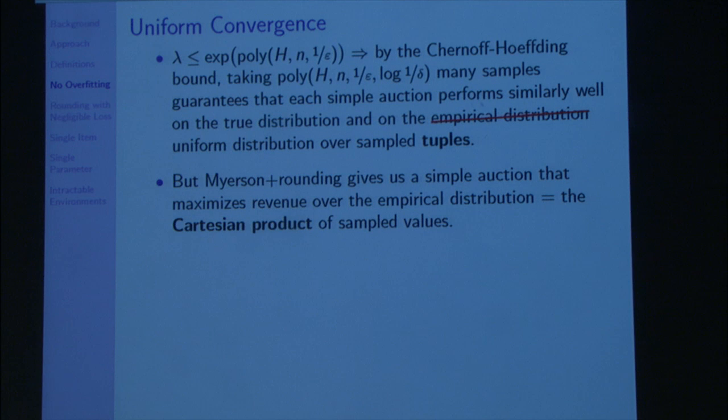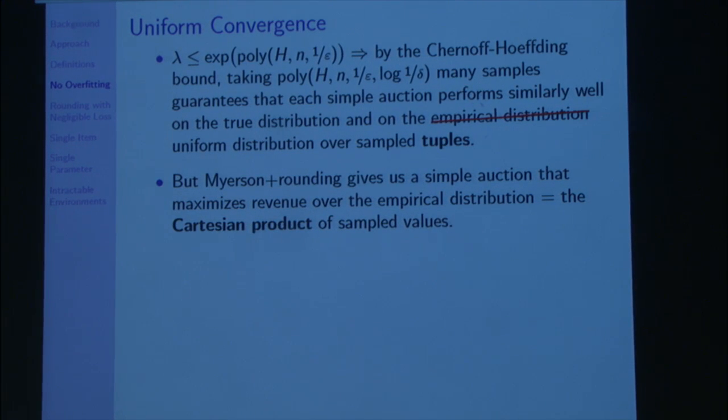Maximizing over the tuples, which basically corresponds to revenue maximization when the bidders are correlated, is a hell of a lot harder. So we would like to guarantee that the revenue, when we evaluate it on the Cartesian product of the samples, is close to the revenue on the underlying distribution.